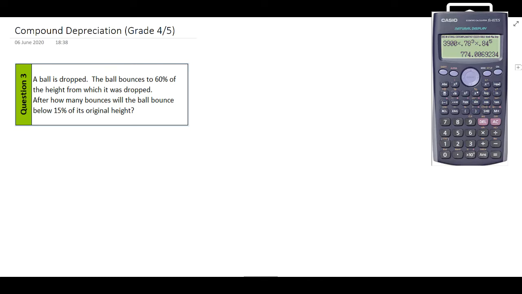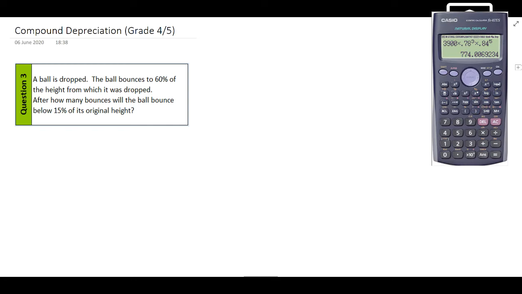Now this one here, you're not given any values. You might sometimes be given a value, told that a ball is dropped from, I don't know, 50 meters, and each time it bounces up to a certain percentage of the previous height. If you are not given a total height, you can make one up.